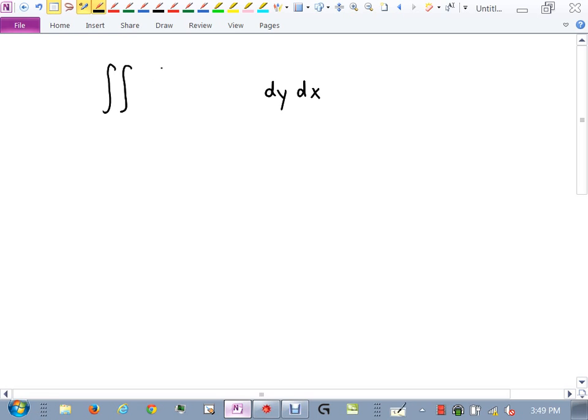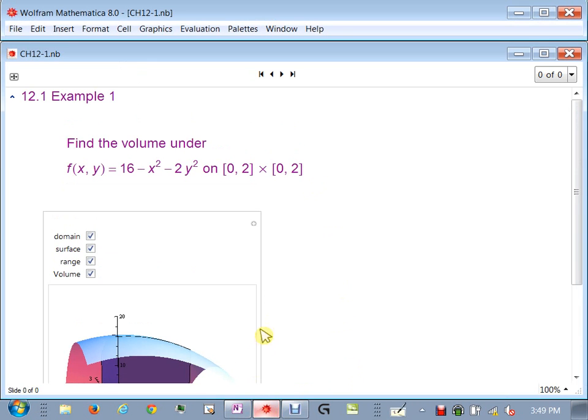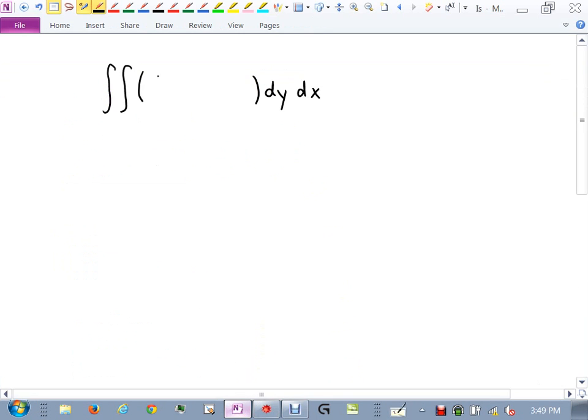The answer is going to be sometimes. Most of the time, it will matter. Okay, so the function in there was 16 minus x squared minus 2y squared. And what are my limits of integration? 0 to 2, 0 to 2.